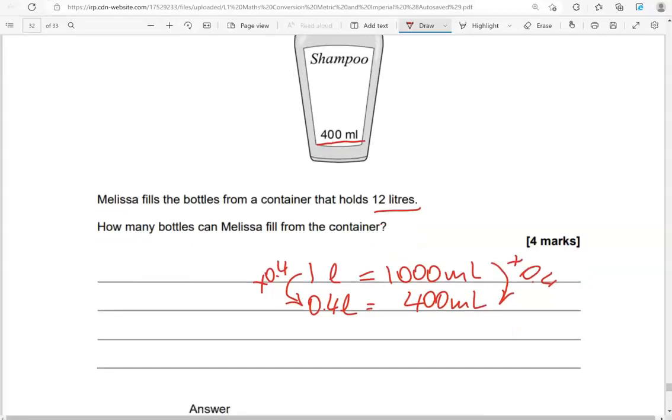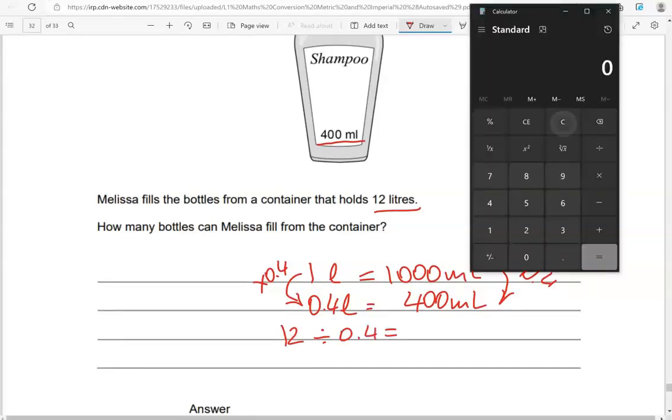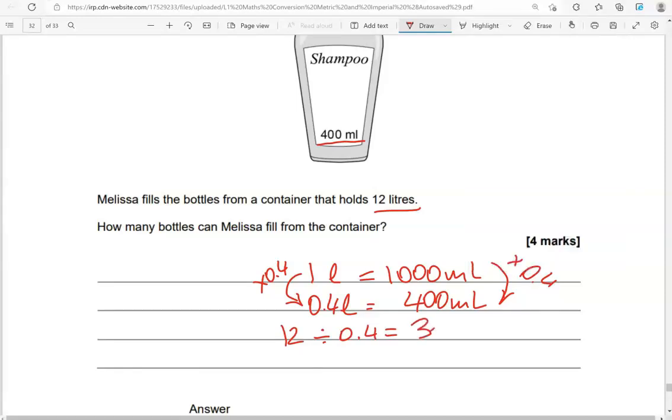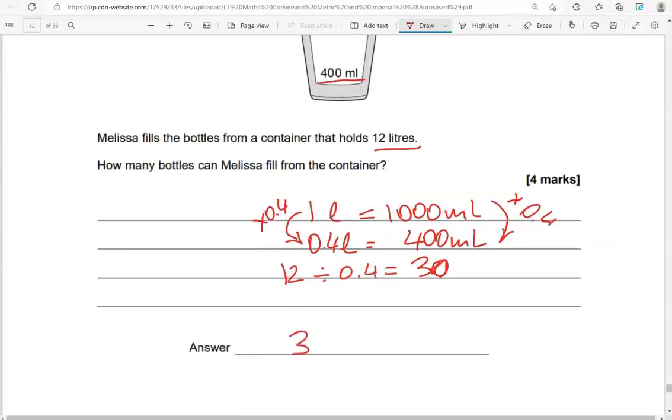So now I can do 12 divided by 0.4, which is 30. So 30 bottles can be filled with the container.